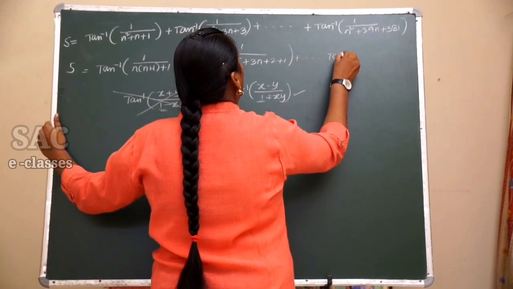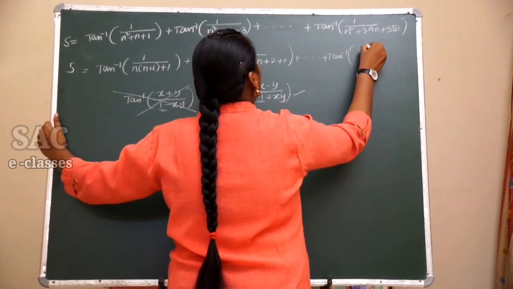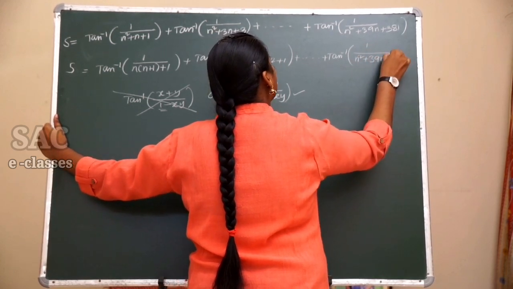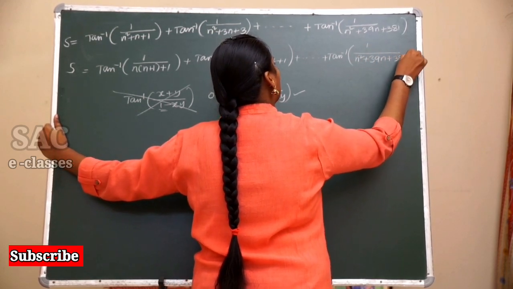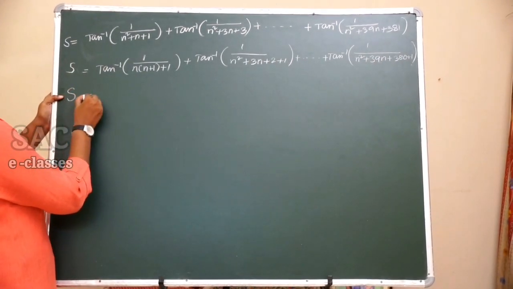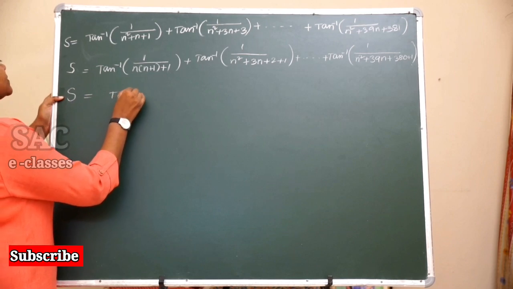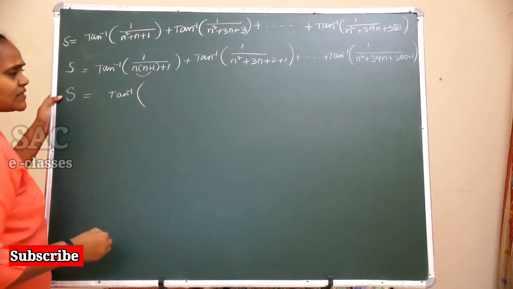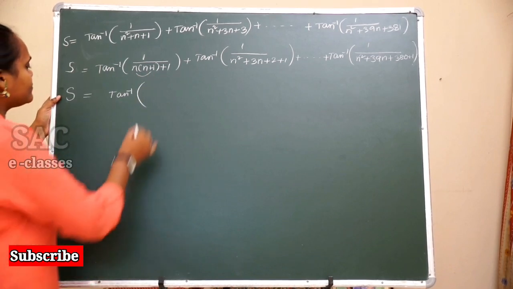Express the last one also in that way. In what way? n square plus 39n plus 380 plus 1. Now just observe S equal to tan inverse. If you observe, n and n plus 1 differ by 1.